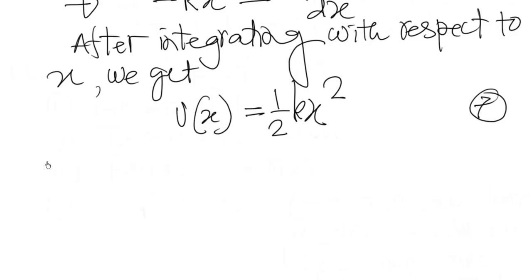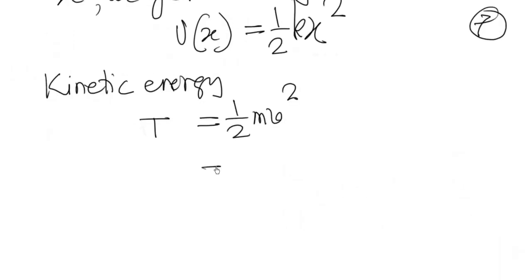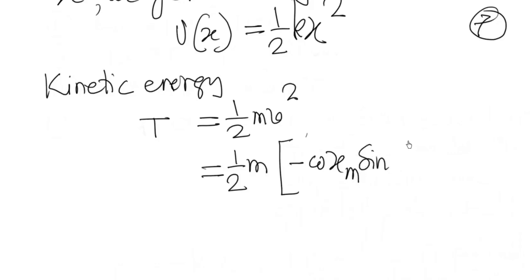Now the kinetic energy T equal to half m v square, and v was minus omega xm sin(omega t plus phi), this squared.